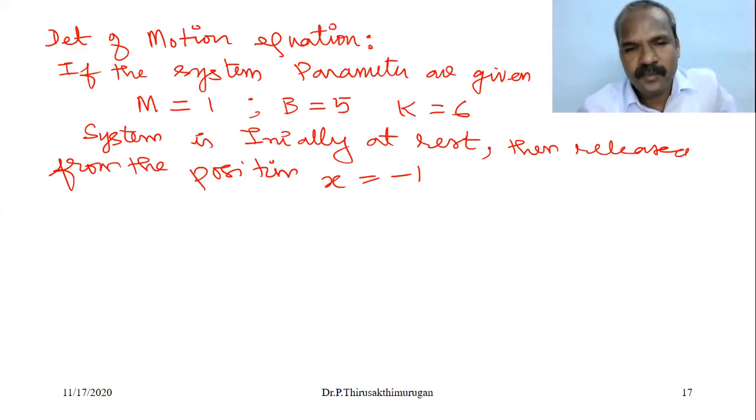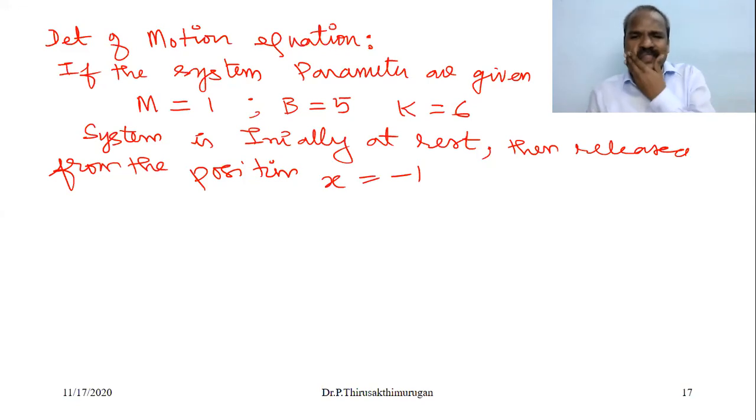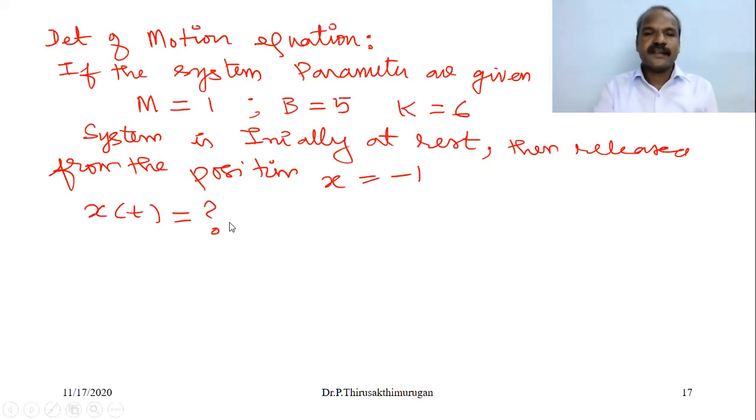Can you solve this problem, my dear students? M is given, B is 5, K is 6. We have to find out x of t, the dynamic equation of the motion.